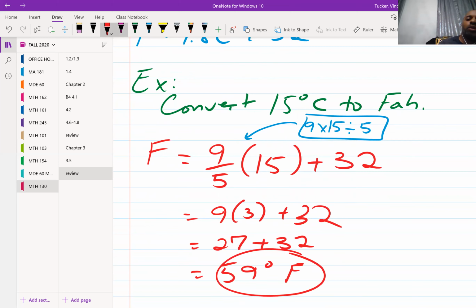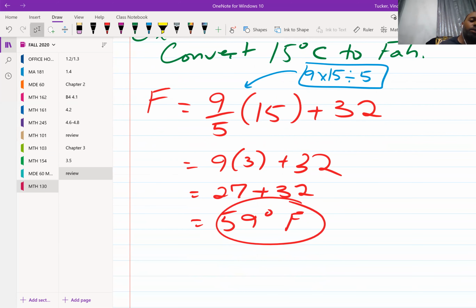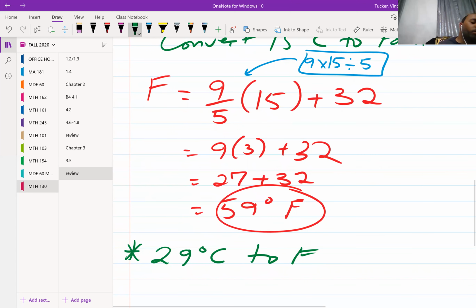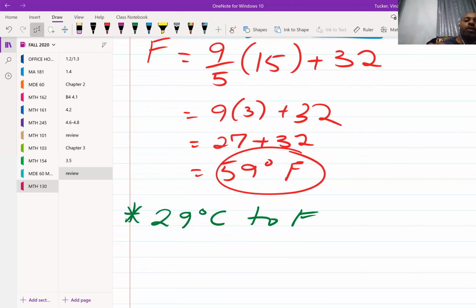All right. Questions before we do at least one more? Make sure we're good. All right. Next one, same thing. 29 degrees Celsius. We want to convert it to Fahrenheit.